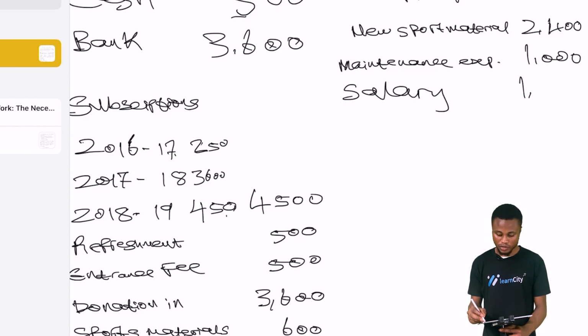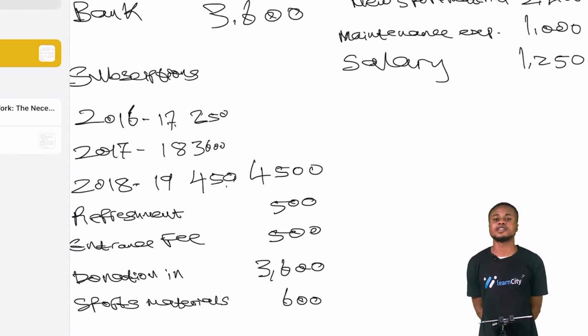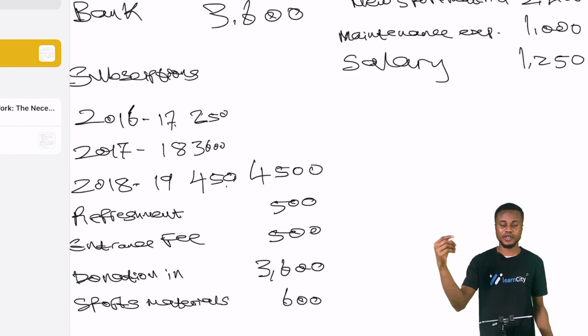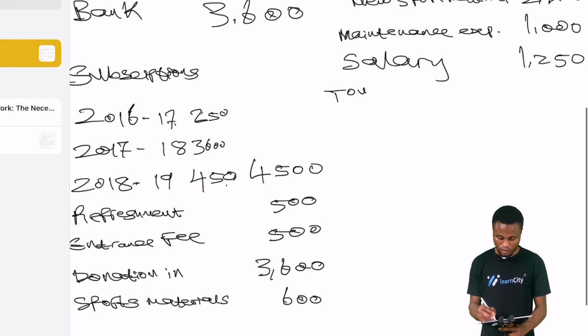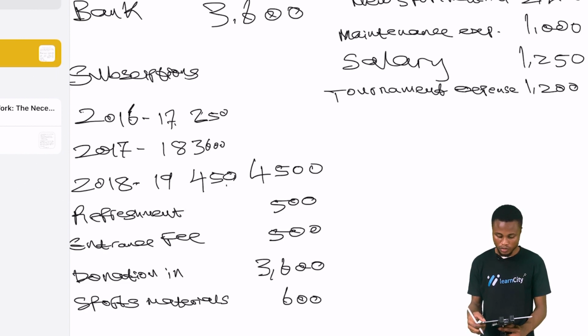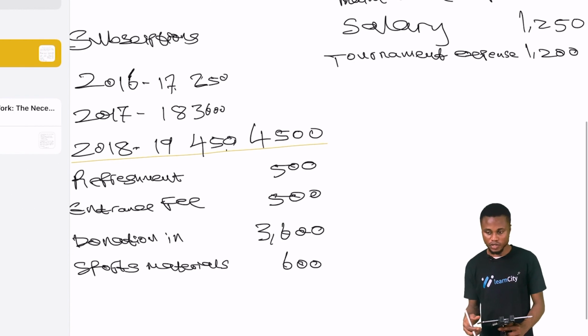1,250. After that, they have tournaments, and these tournaments are expenses. They paid it out, so it will also be on the credit hand side. So tournament expenses, which is 1,200.